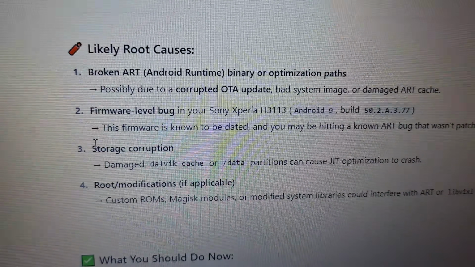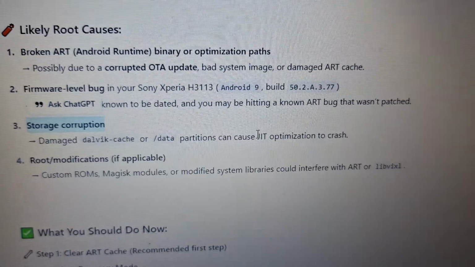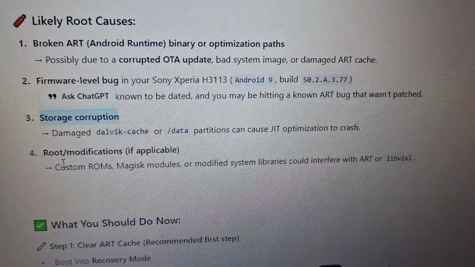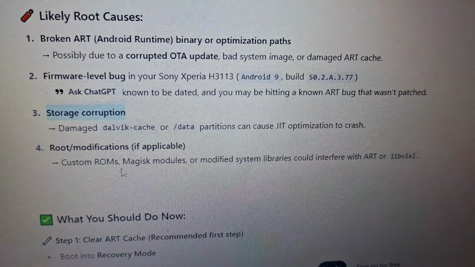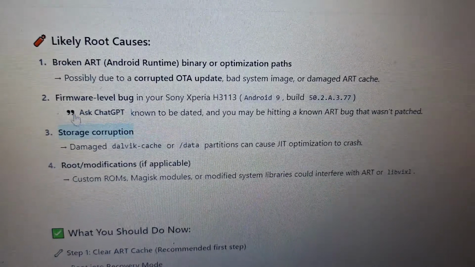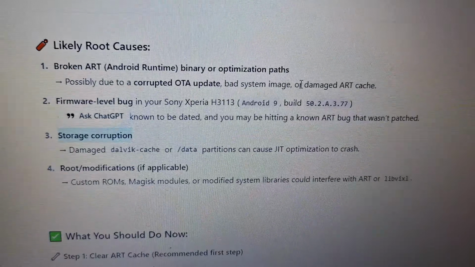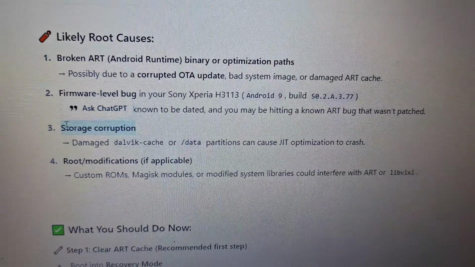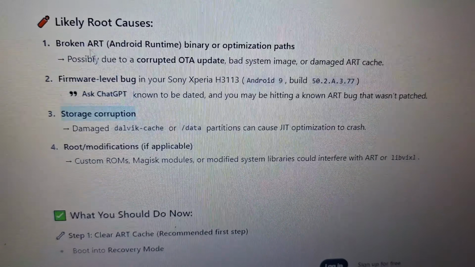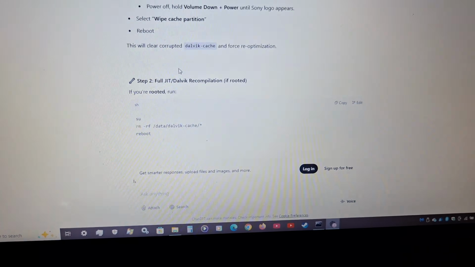Storage corruption. This is not it, because this has actually happened before I had Magisk installed. So this is irrelevant. So it's probably just stuff in the NAND and the RAM.